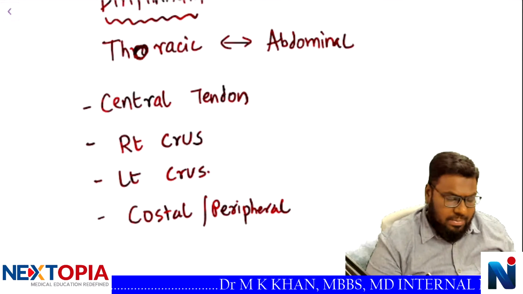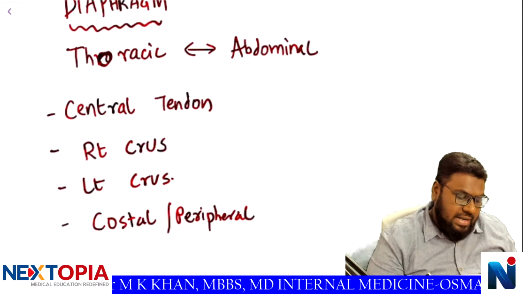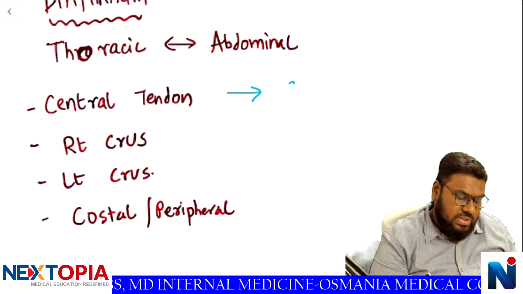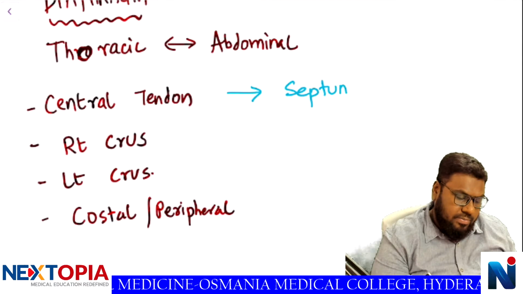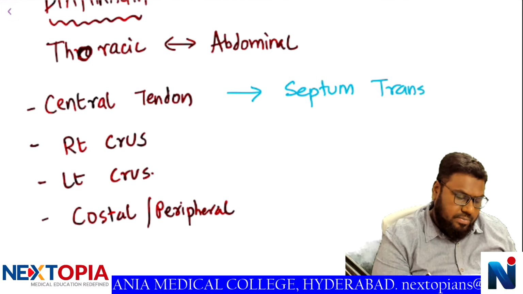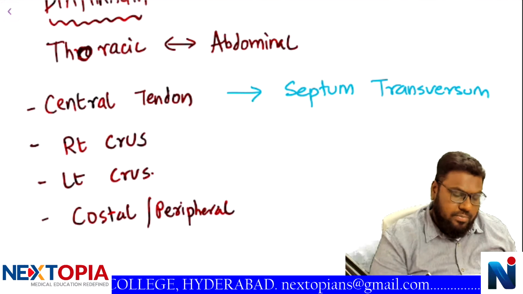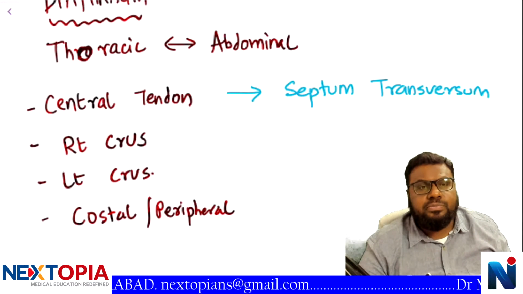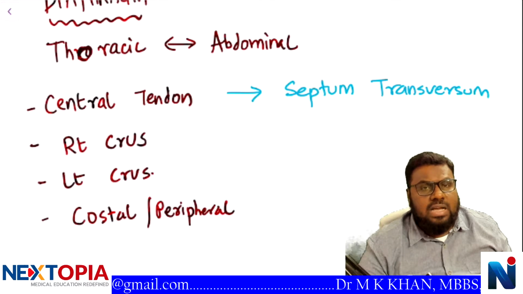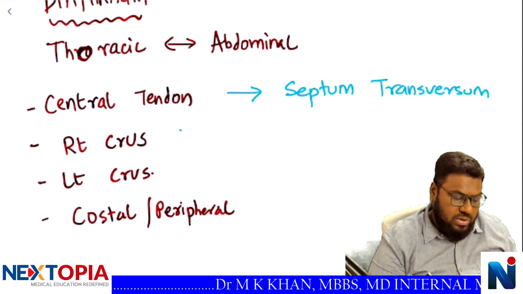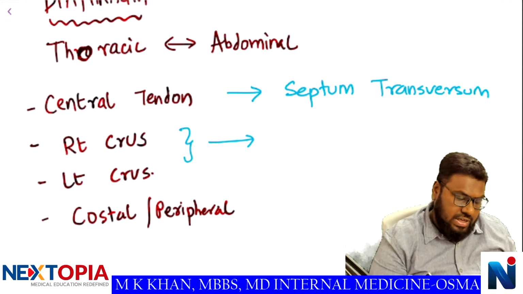Where are these parts developed from? The central tendon is derived from the septum transversum. The right and left crura are derived from the dorsal mesentery of the esophagus.